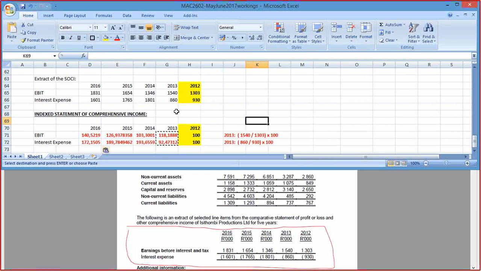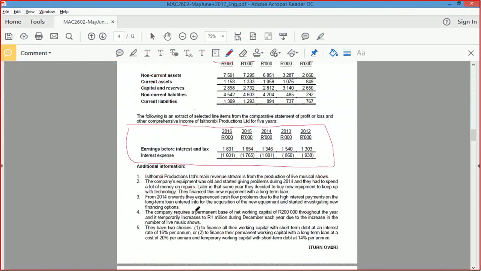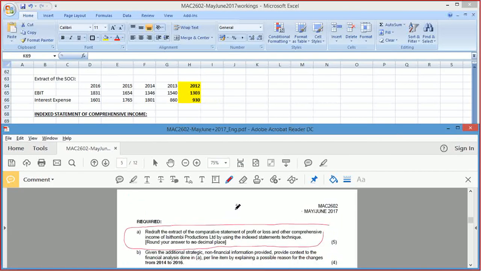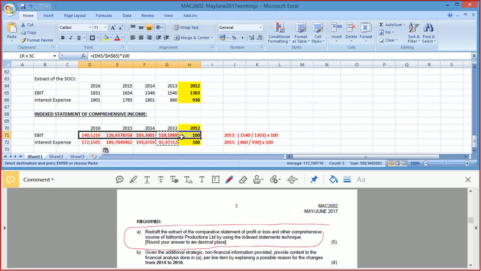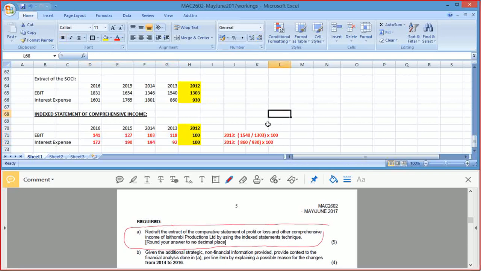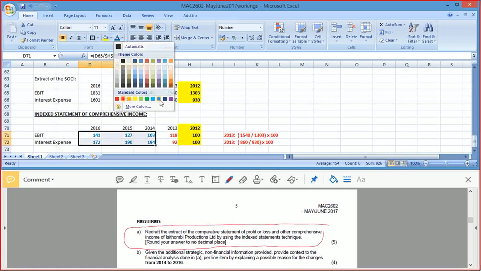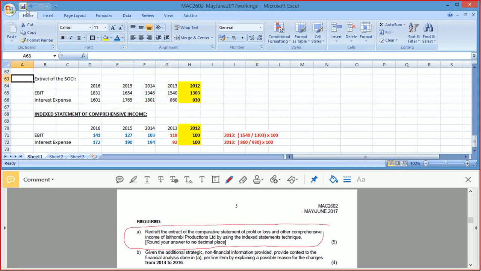Did they want you to round this off? Let's check. What did they say here? 2014, I got 103. Round your answer to no decimal place. So no decimal place. So it's just 103, 2014. Then 1 divided by 937 times 100.